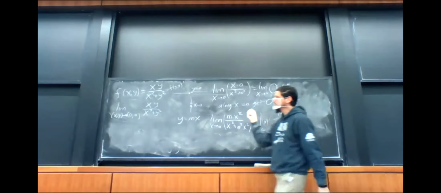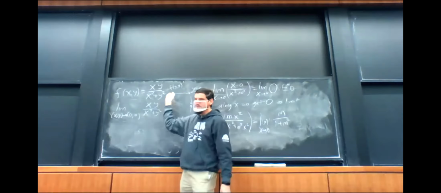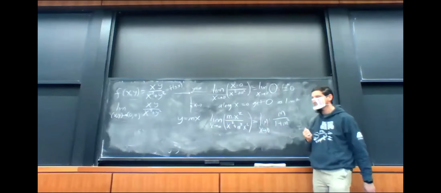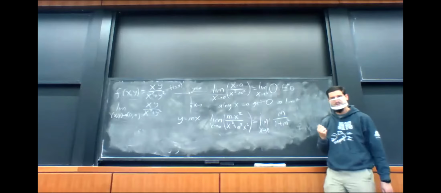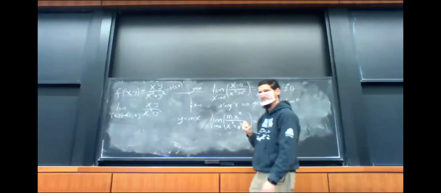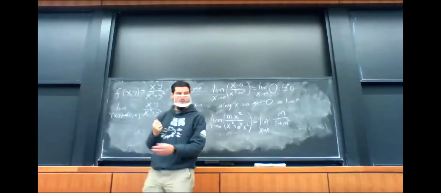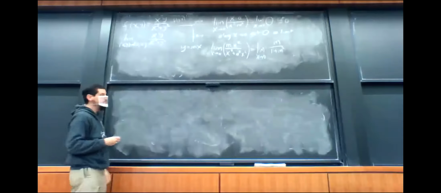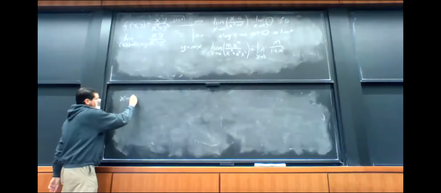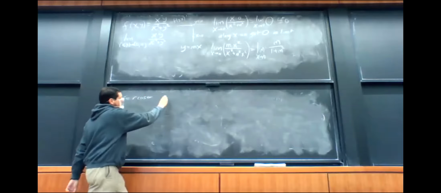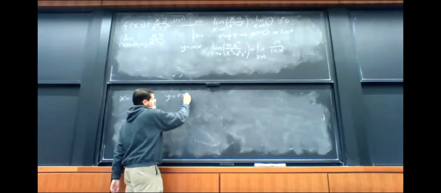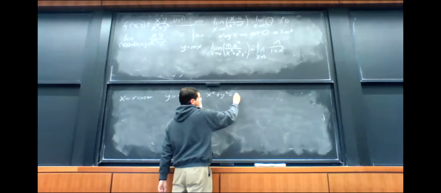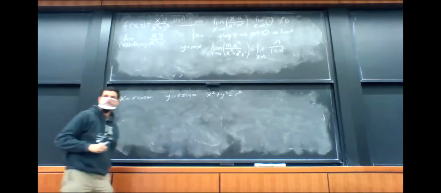Now, when you look at this, you should see x squared plus y squared. As soon as you see an x squared plus y squared, what should you be thinking of? What's your Pavlovian reaction? Polar coordinates. So let's calculate the limit in polar coordinates. x is r cosine theta, y is r sine theta, x squared plus y squared is r squared.